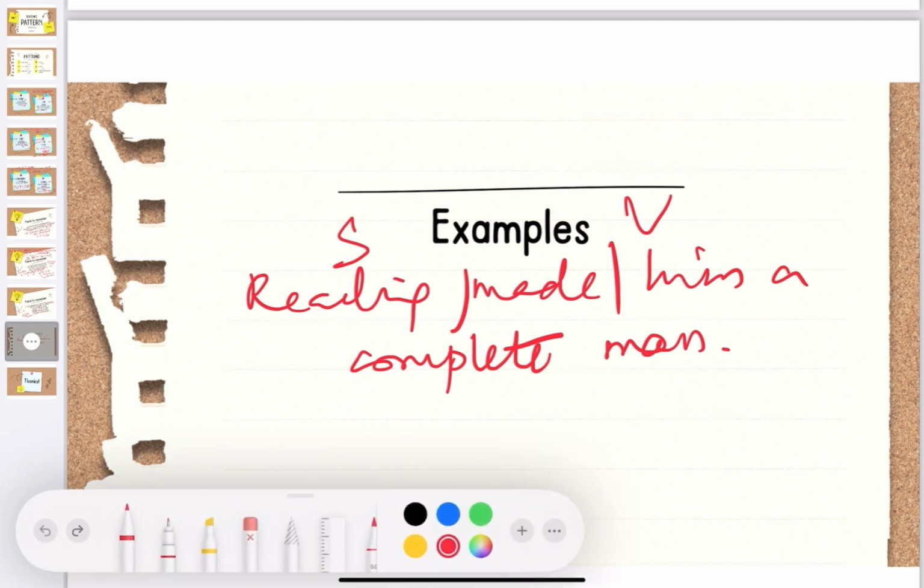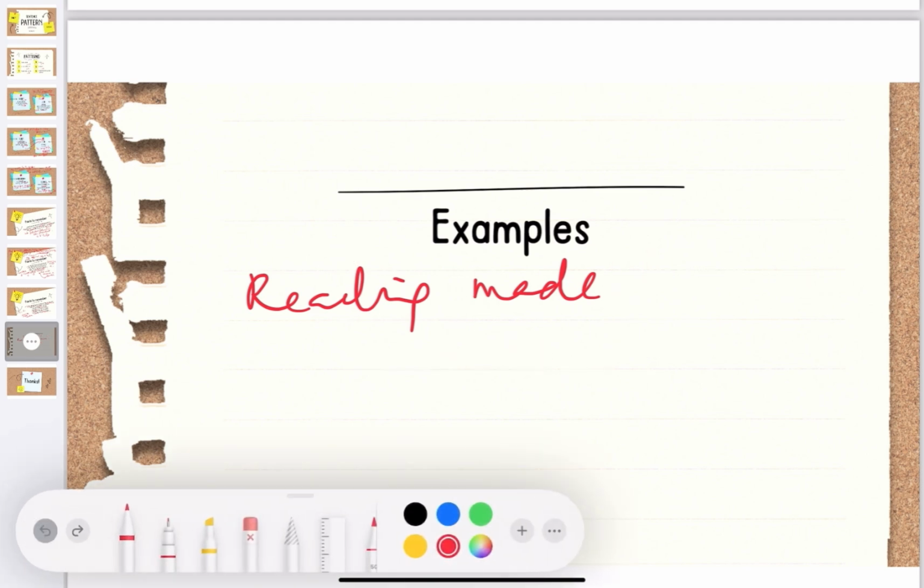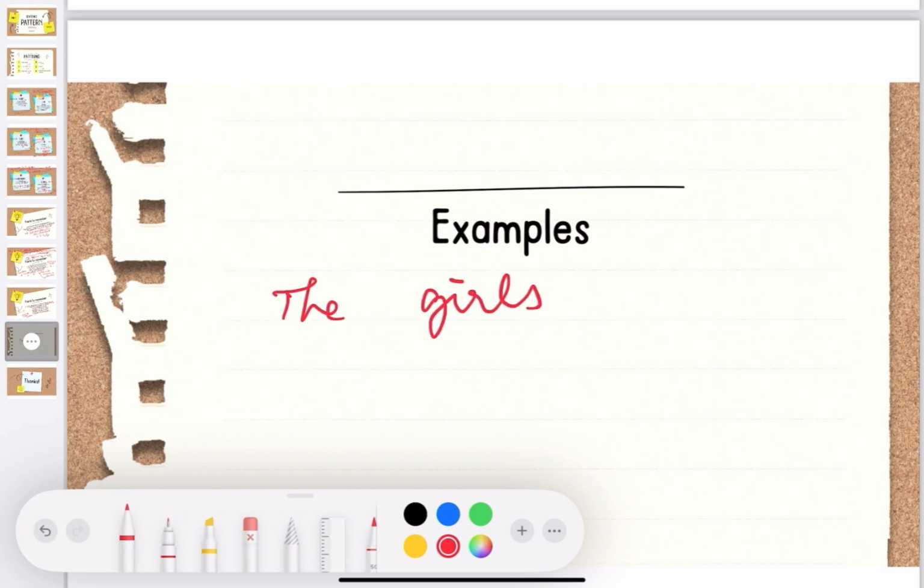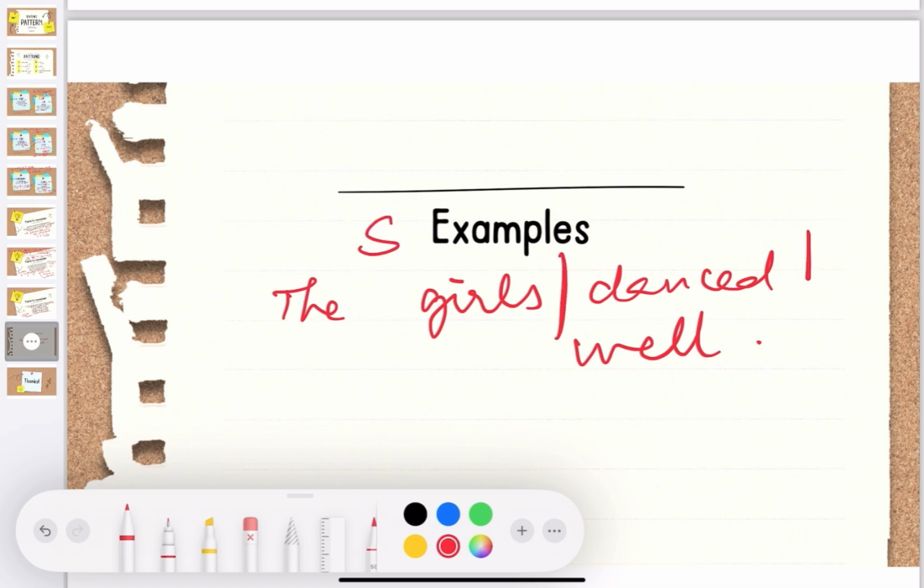Let's look at another example. The girls danced well. So here the girls is subject, danced is verb, well is adjunct, SVA.